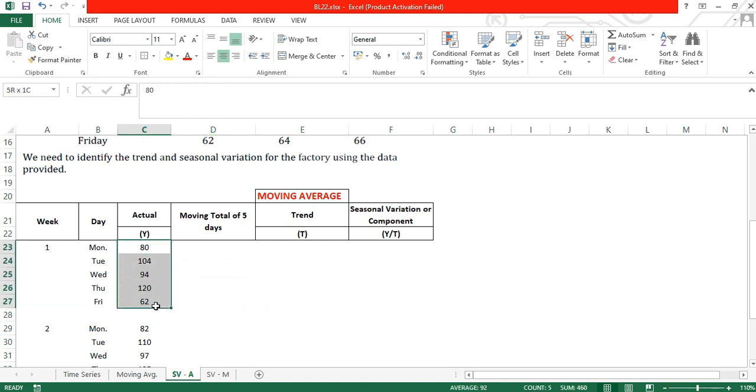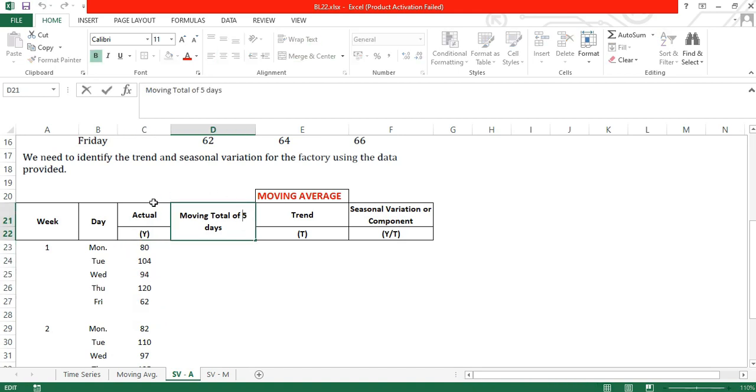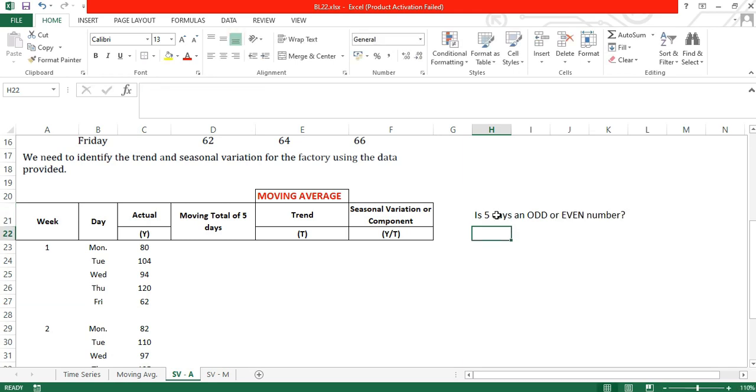Now we have to calculate for 5 days. Our first question should be, is 5 days an odd or even number? Because there are two different methods to follow if it's odd or even.